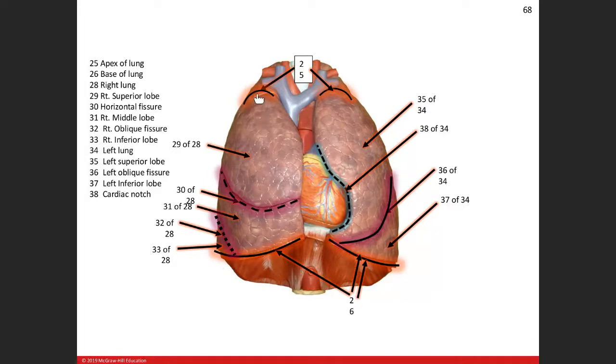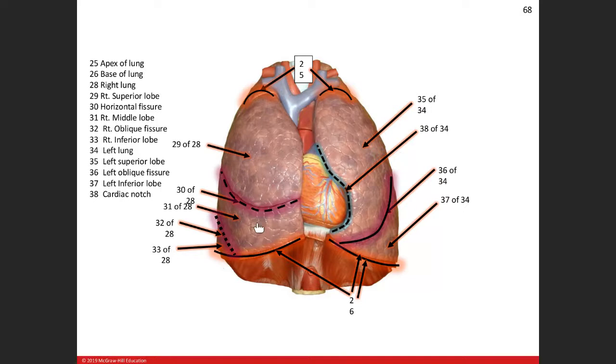Now you can see these little curved lines here, those are representing the apex or apices of the lungs, and these slightly curved solid black lines are representing the base of each lung. Our right lung has 3 lobes. So we're looking at the right superior lobe, and you need to make sure you're discerning which is right and which is left.